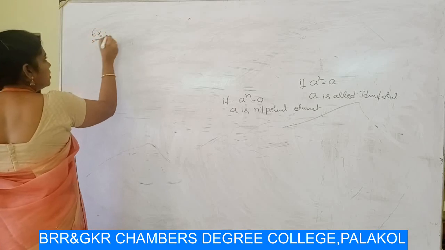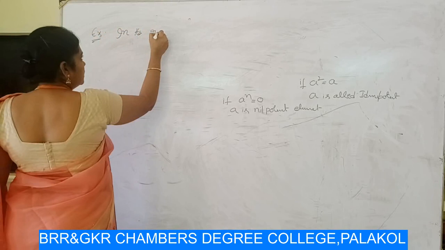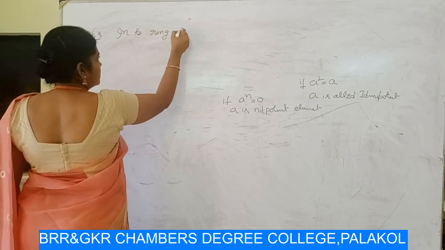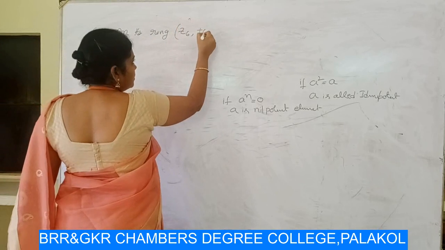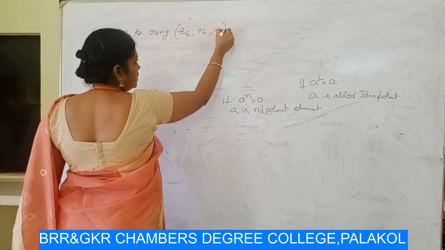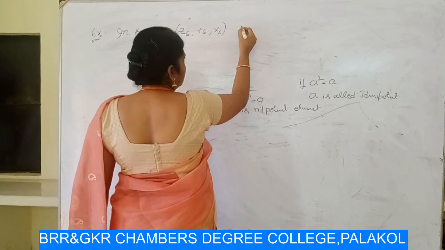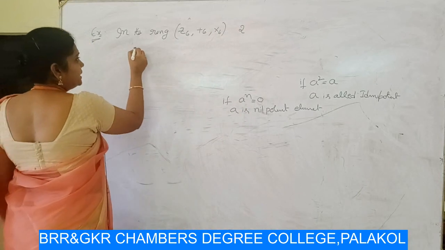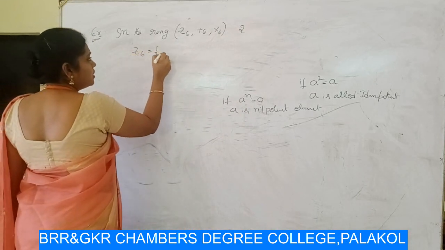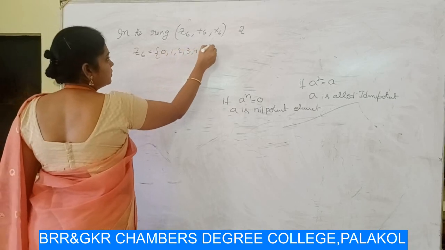Example, in the ring Z6, addition modulo 6 and multiplication modulo 6 are the binary operations. This Z6 contains the elements 0, 1, 2, 3, 4, 5.